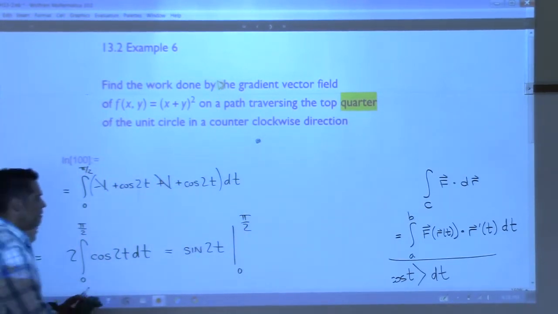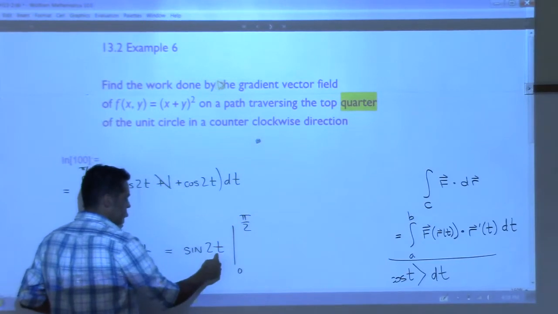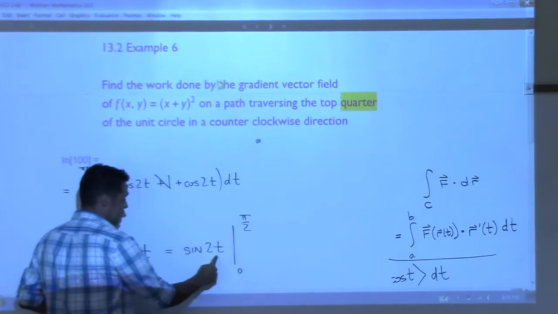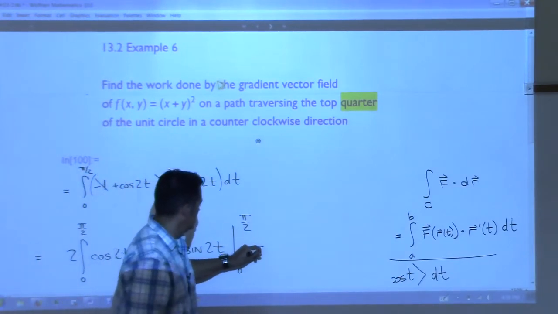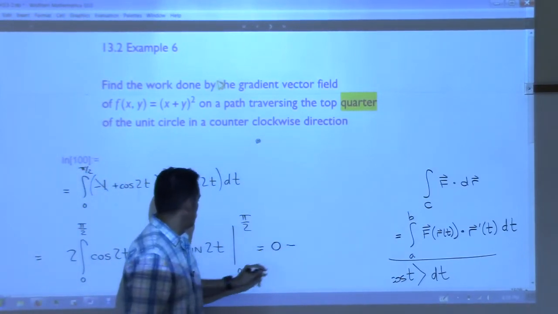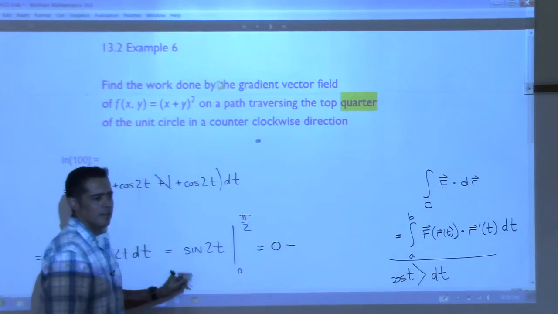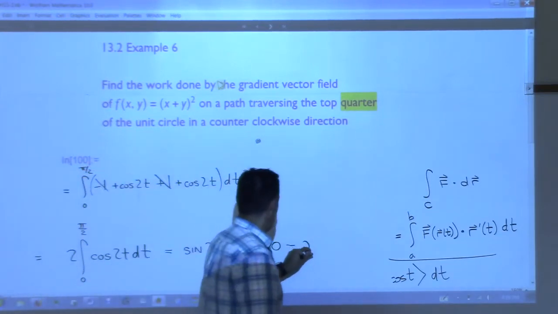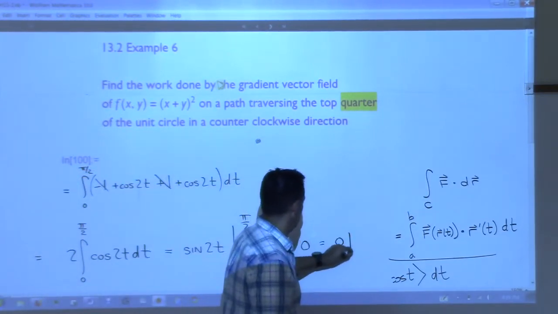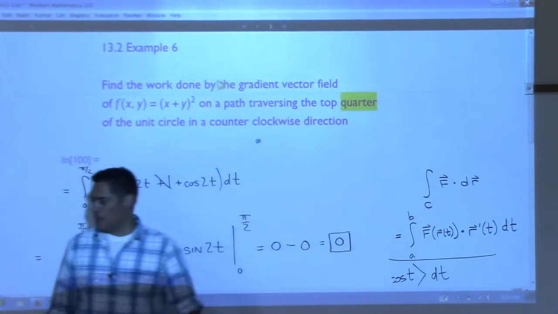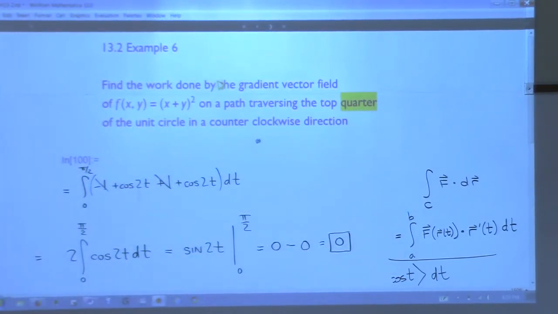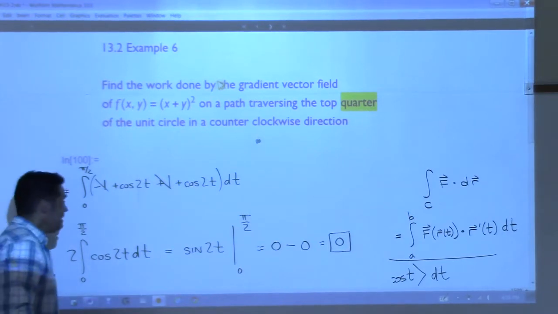If we plug in pi over 2, 2 times pi over 2 is just pi, and sine of pi is 0. Minus, and then we plug in 0, we get 0. We did all that for nothing. So there's no work done. Total work done is 0. All right? The only work done was on our part.